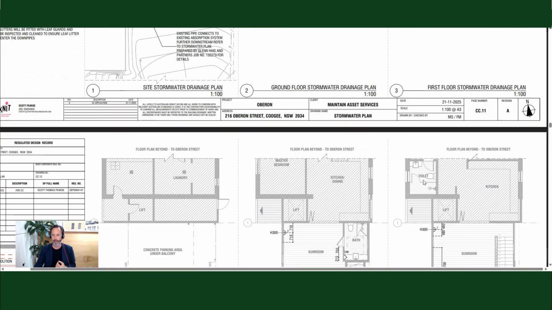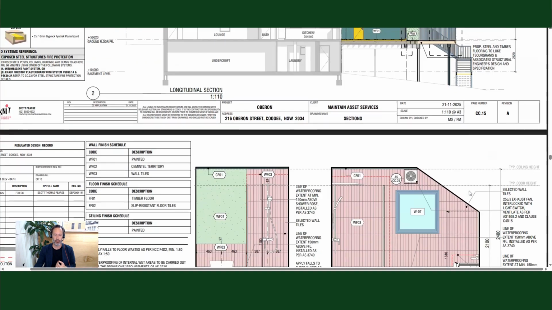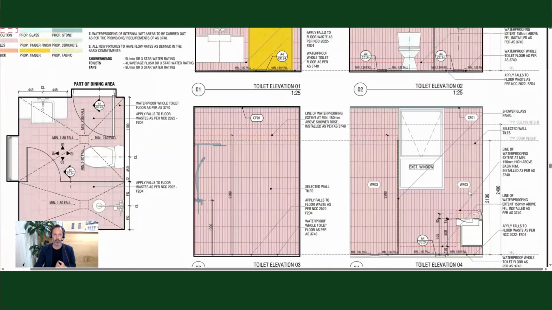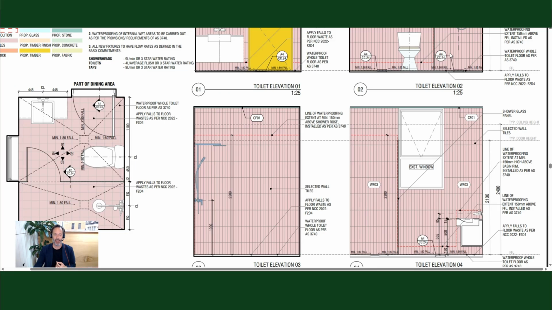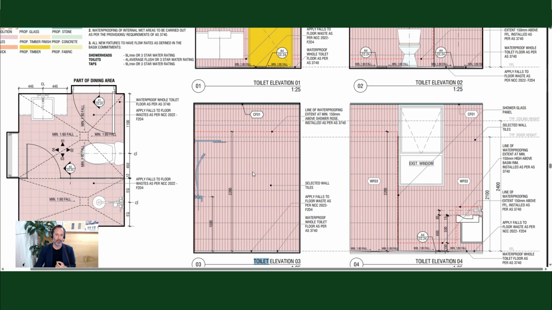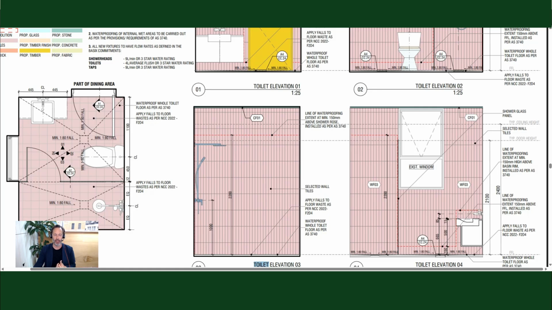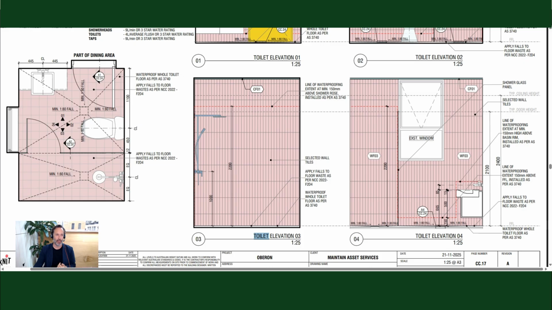I'm going to have to scroll through a bit. CC17, and it said the drawing title changed from toilet to bath. So again, it keeps talking about this. It's picking up that this word has changed. But it gives me enough to know that these pages have changed and there's something here.